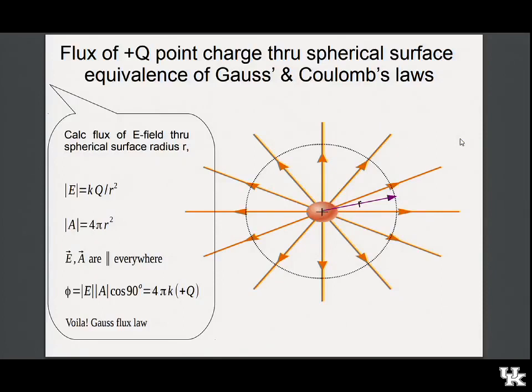What's the area of the surface? Well, that's the geometry that we did in middle school. I missed some of that, but I do remember that 4 pi r squared is the surface area of a sphere. And so this sphere, radius r, has an area 4 pi r squared.